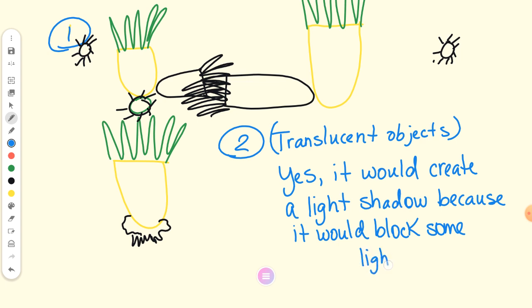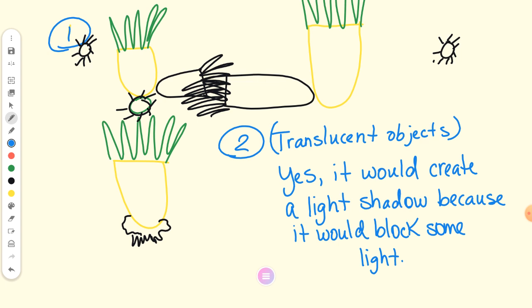So you didn't have to have that word for word, but you should have something along those lines. If you just had yes, you should probably have more than that. Okay, it would create a light shadow because it would block some light. Okay, opaque objects make darker shadows because they block all of the light coming through.